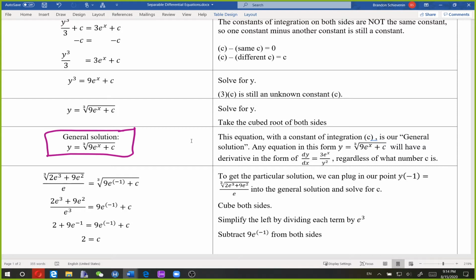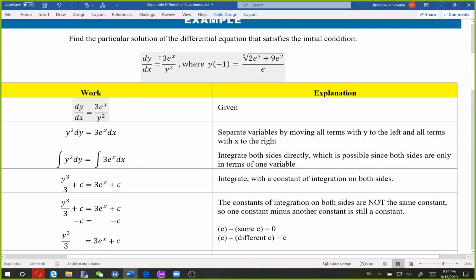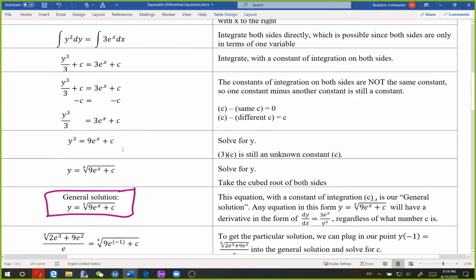Okay. So we were originally asked to find a particular solution that had this slope and passed through this point. So now that I have a general solution, I'm going to take the point that we were promised this equation will pass through, and we'll use that to figure out which particular solution out of these infinitely many general solutions is the one that both has the derivative we want and passes through the point that we want.